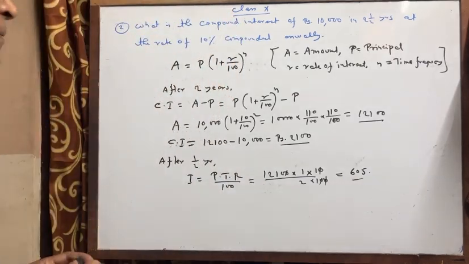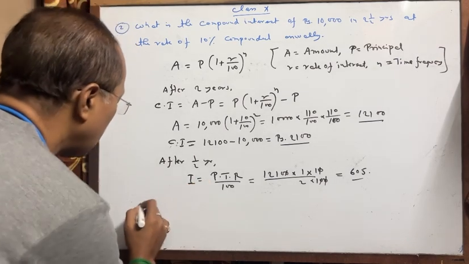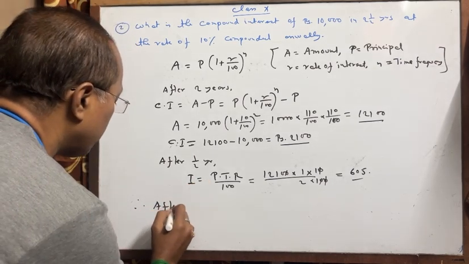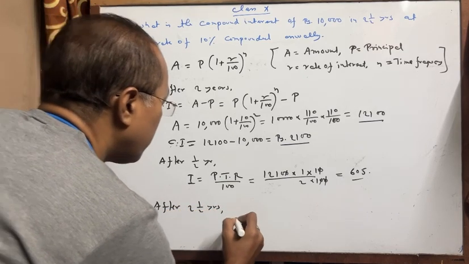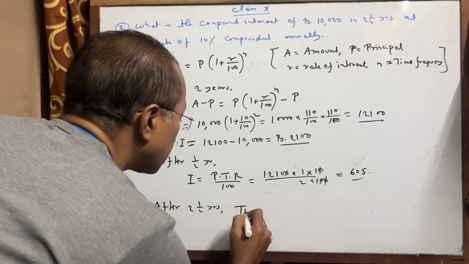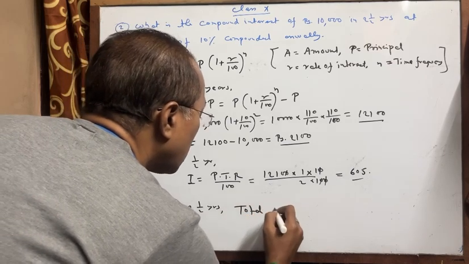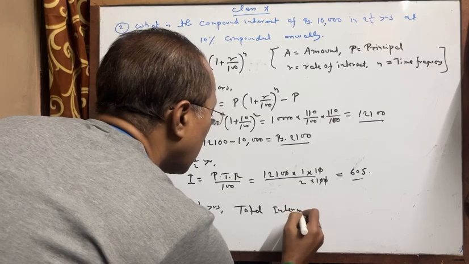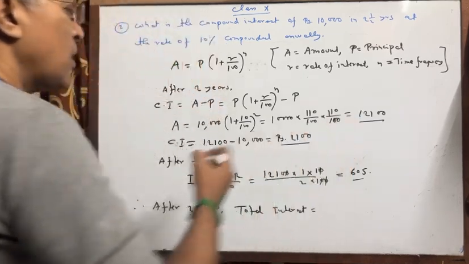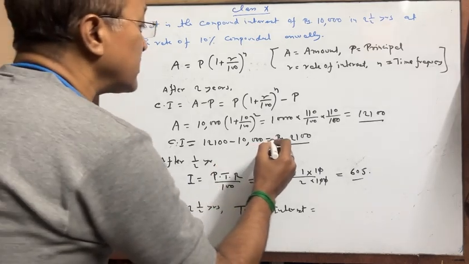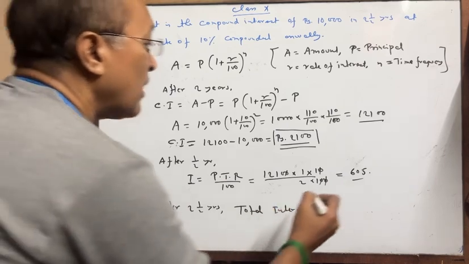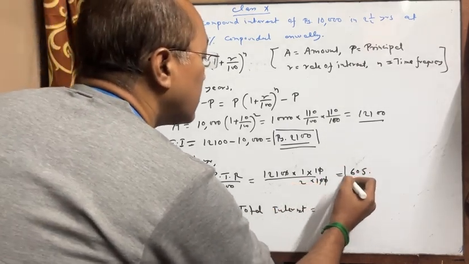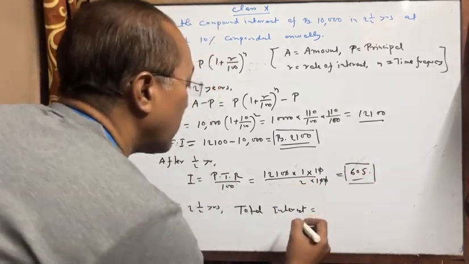Rupees 605 is the interest. Therefore, after 2.5 years, total interest is equal to, after 2 years we got the interest as rupees 2100, and after half a year the interest becomes rupees 605.